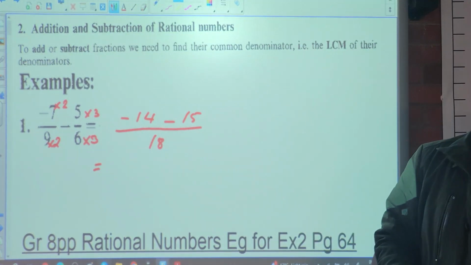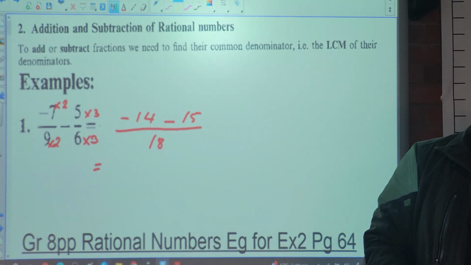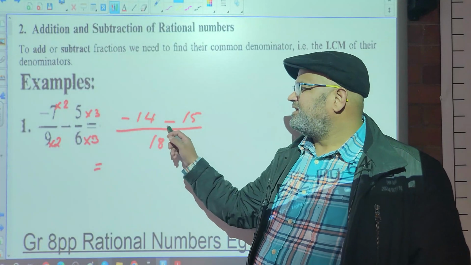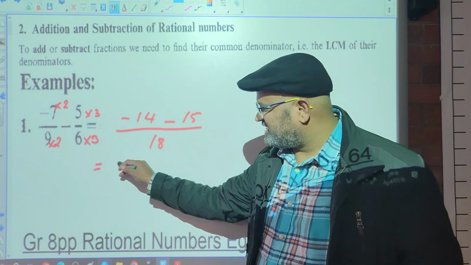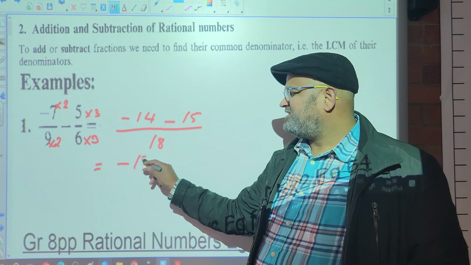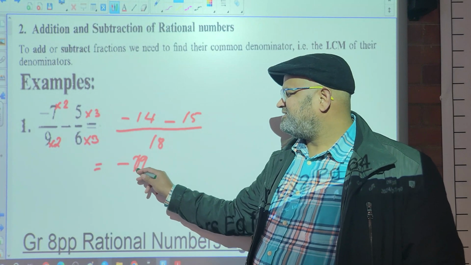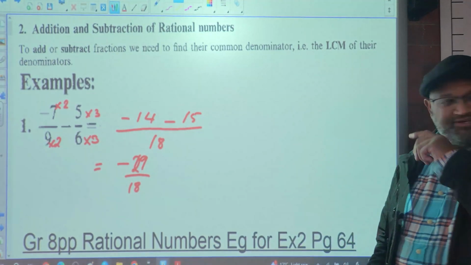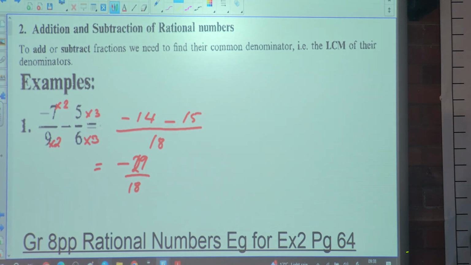What's negative 14 minus 15? The signs are the same, so you must add them. It's going to be negative, and 14 plus 15 is 29. So negative 29 over 18.